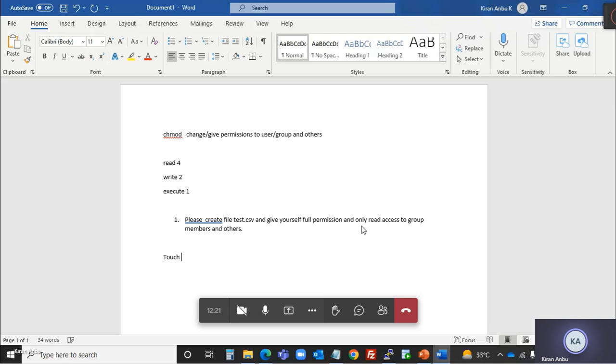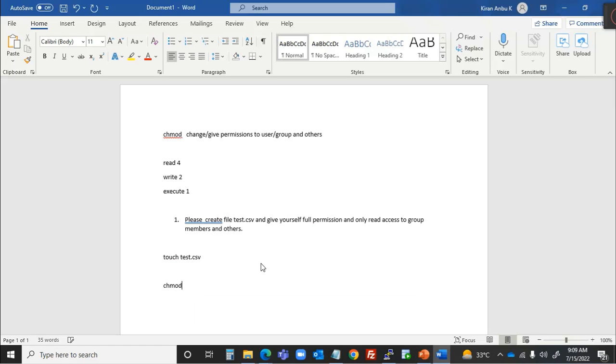So first one is touch, right? No problem, we can go one step at a time. So touch test.csv, right? So I created the file. Now the full command.